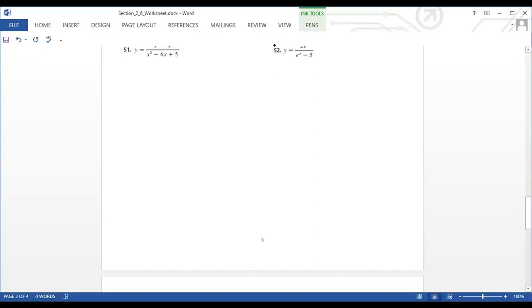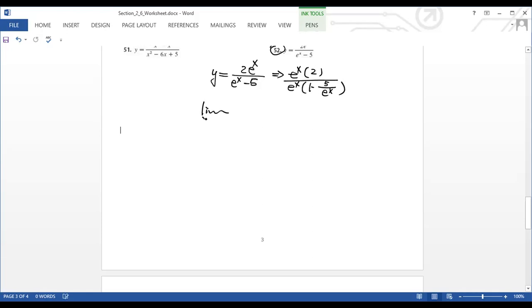Okay, we are working on problem number 52 here, right? We said y is equal to 2e^x over e^x minus 5. The first thing here, let's try to factor the e^x out. So I have a 2 here, I have an e^x, and this is 1 minus 5 over e^x.